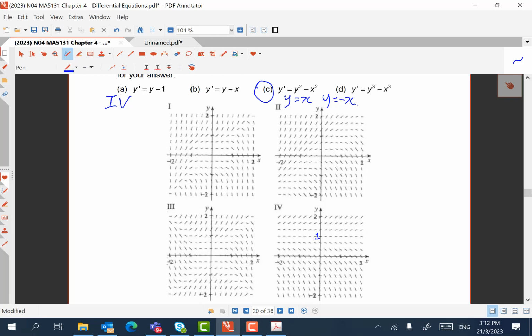Alternatively, you can notice that the gradient will be 0 along the line y equals x, and along the line y equals minus x. So based on this, Jianpeng, which one? Number 3 is right! Sitting in front helps, Jianpeng.